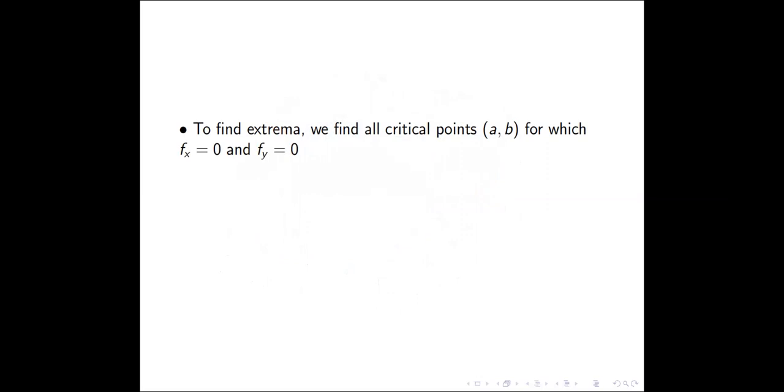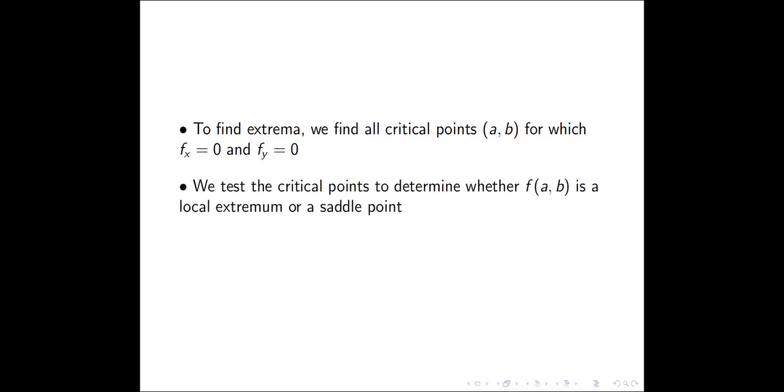Well, the candidates, of course, we know from the previous result are those points for which the partial derivatives are both 0. However, since not all of them will automatically be a local extremum, then we devise some tests to determine which of them will be an extremum, which of them will be saddle points. And that's what we call the second derivative test.